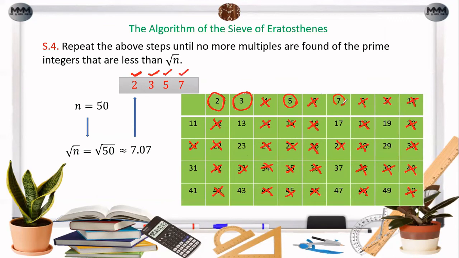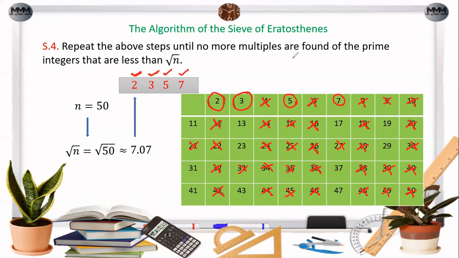We circle number 7 and then cross out all the multiples of 7. Other than itself, we have 14, 21 already crossed out, 28, 35, 42, and the last, 49.